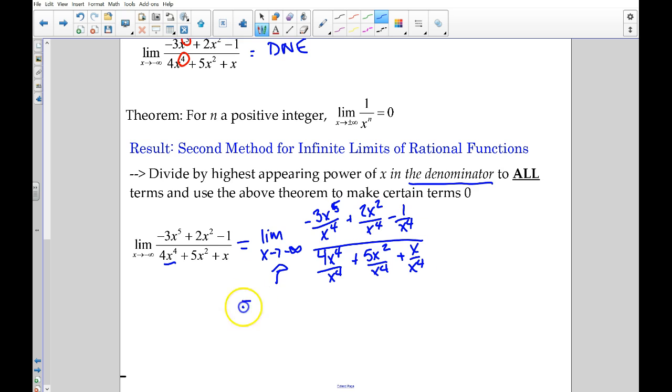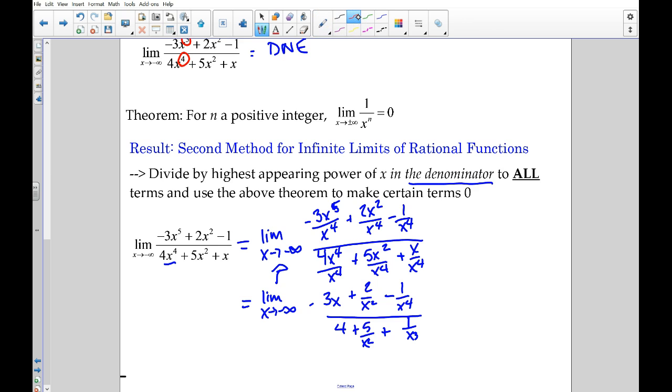If I simplify this now, just simplifying powers of x, the limit as x goes to minus infinity of minus 3x plus 2 over x squared minus 1 over x to the 4th, all over 4 plus 5 over x squared plus 1 over x to the 3rd.